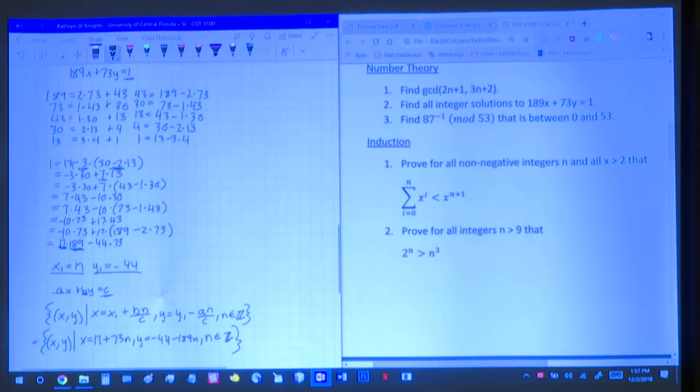So I changed this coefficient, and then everything down here pretty much changed because of that. So I redid it basically with the new coefficients. So then we ended up with 17 and then -44 as x1 and y1. So that just changed these down here.